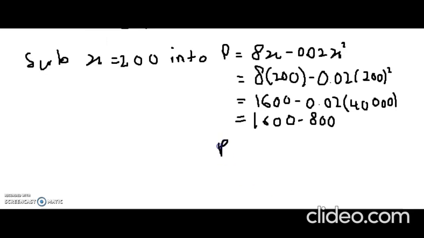So we get the point. The value of p is 800.